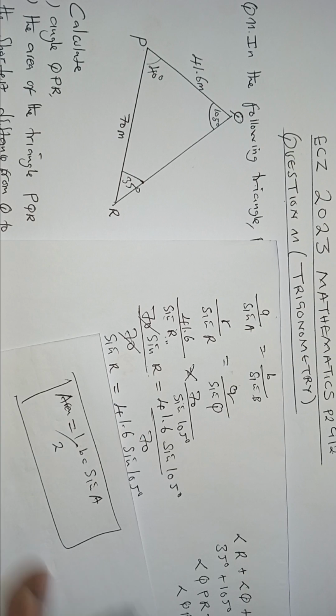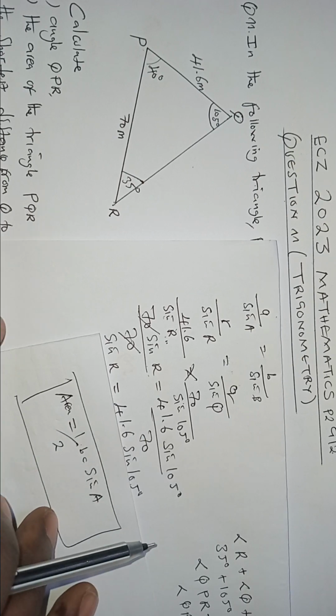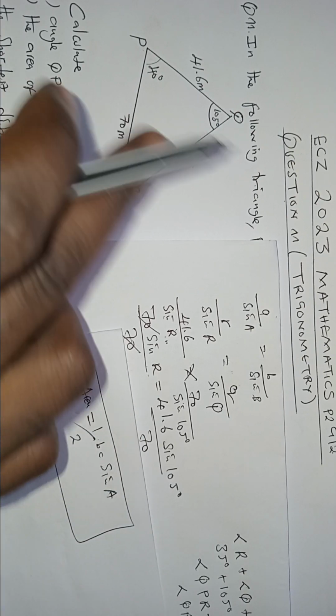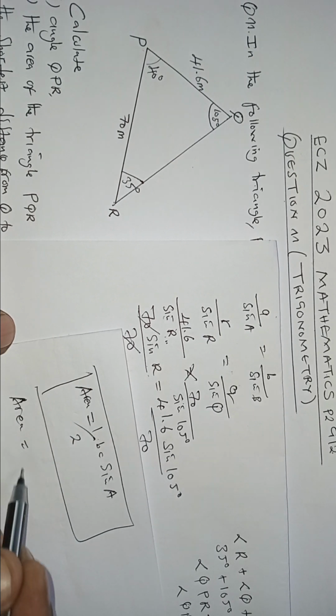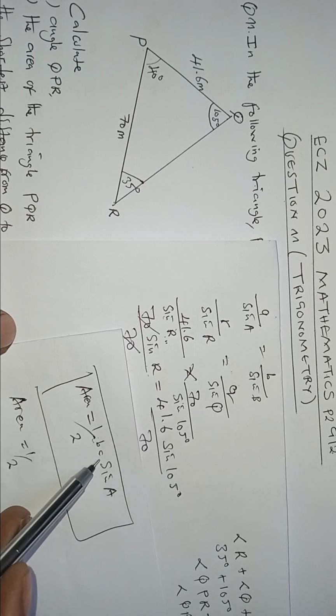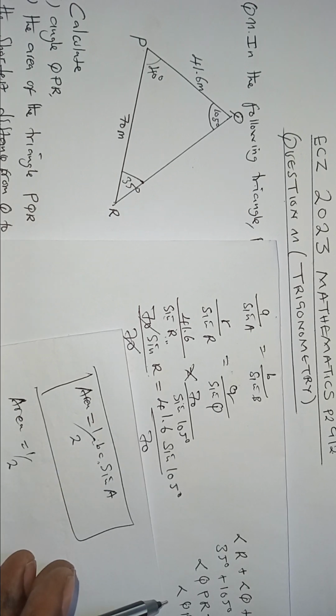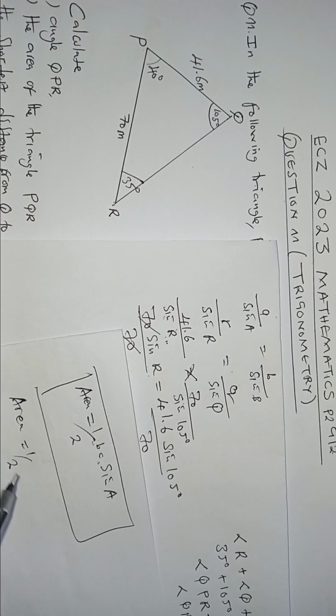So in our case, this formula again shall be reorganized to suit the letters that we have. So we are going to say area is equal to 1/2. Then the BC is simply the sides that we are going to use and its angle. So we are going to use the side R, which is 41.6, and the side PR, which is 70 meters.